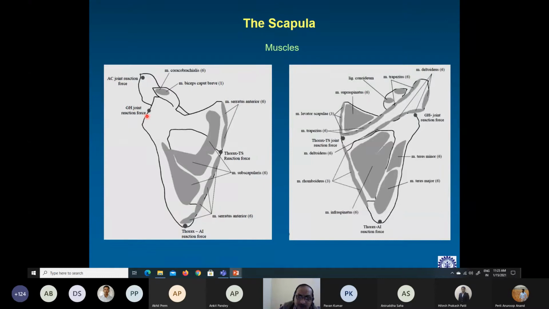And the muscle serratus anterior is attached all through the medial border. In the front, we have a large muscle, which is also represented by 6 lines of force, and that muscle is subscapularis. Okay.